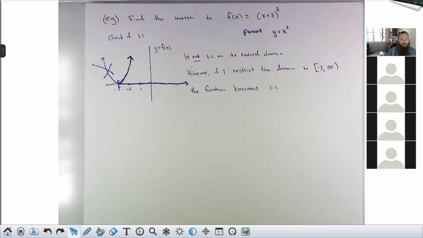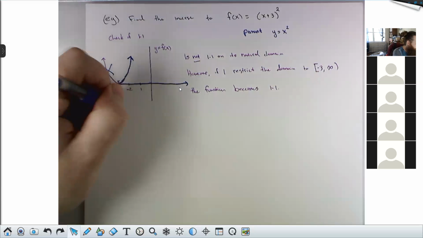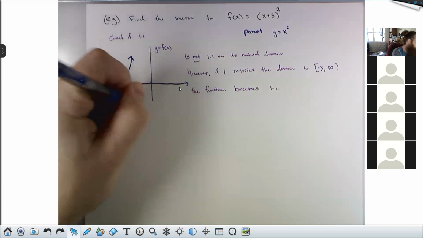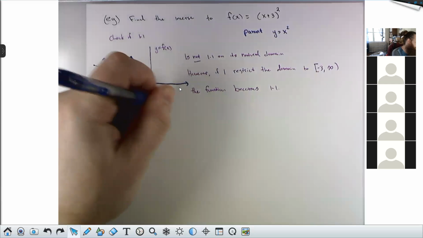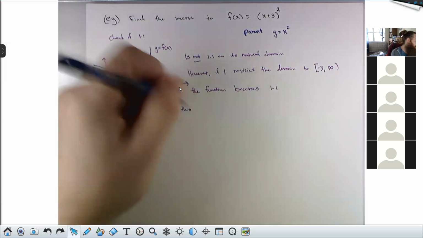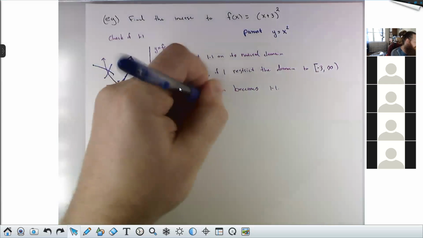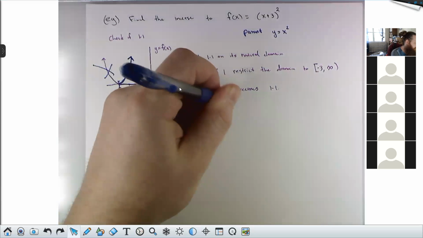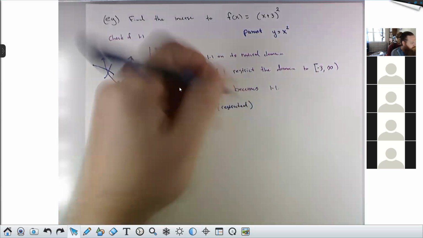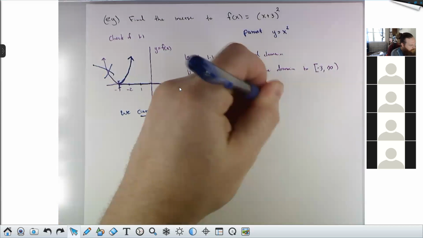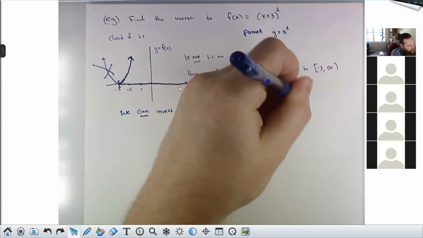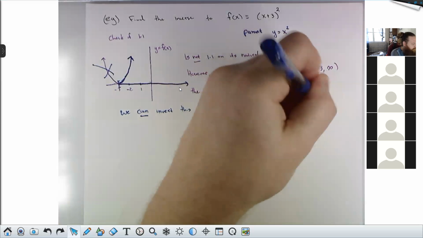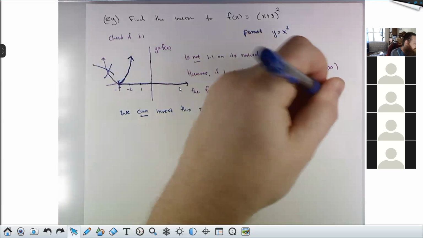Now I can invert this new function. This new restricted version of f of x equals x plus 3 squared.